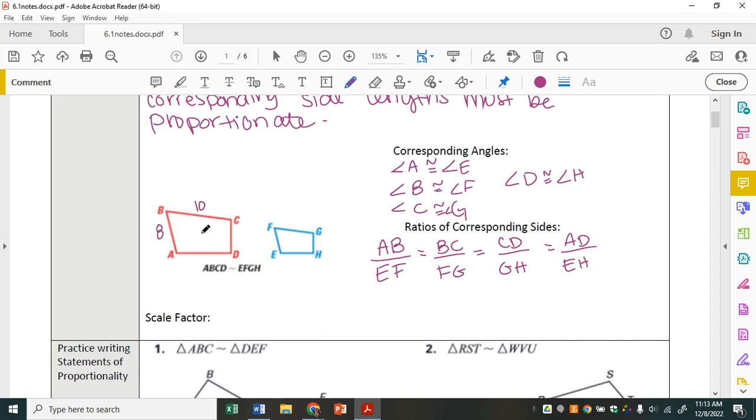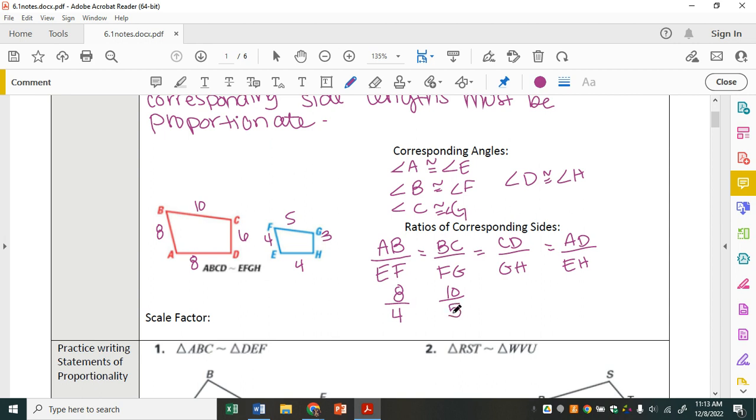So if I had told you that these were the side lengths on our figures to the left here, then I can use these ratios to write down the actual values of our side lengths here, right? So AB has a length of 8. That's compared to the side EF, which is 4.